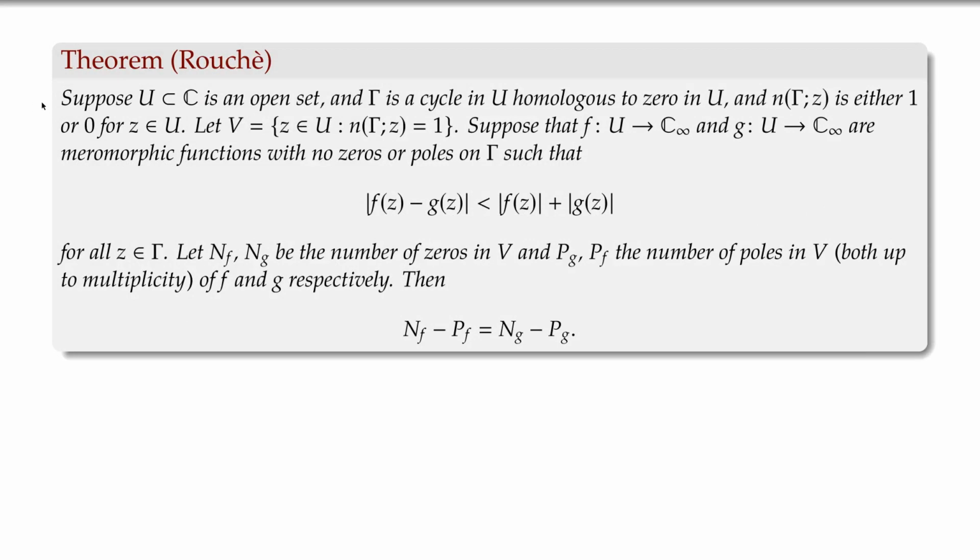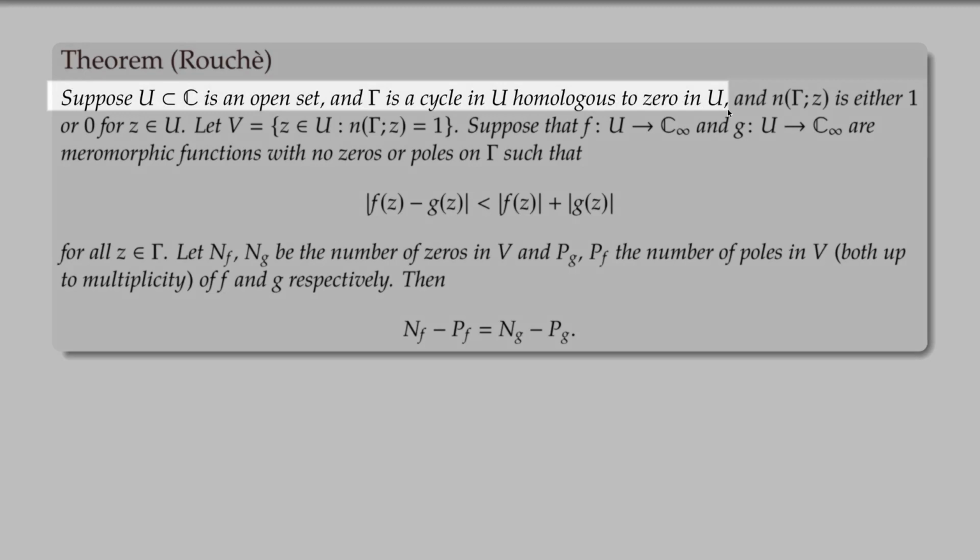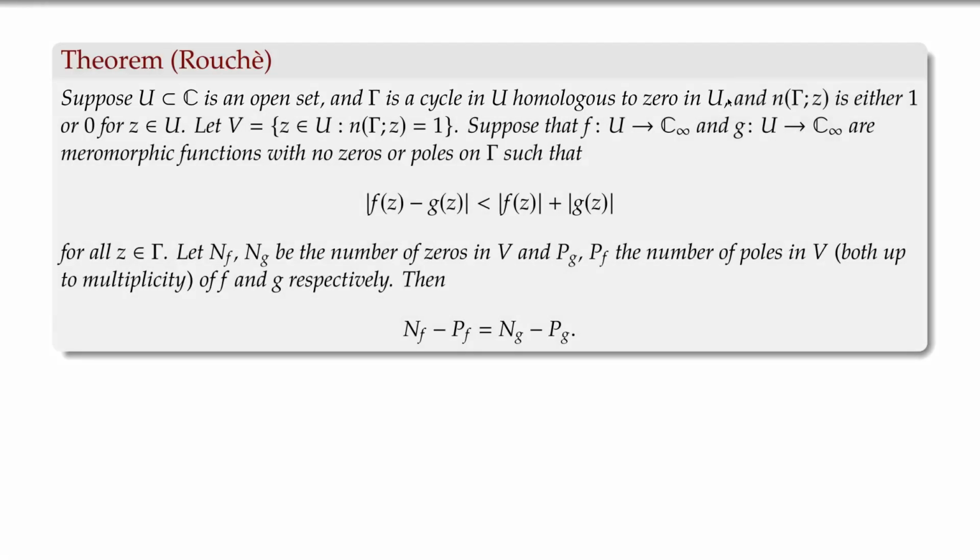Suppose that we have, almost as usual now, an open set U, and we have a cycle gamma in U that is homologous to 0 in U. So again, it doesn't go around anything that's not in U. So it doesn't go around anything in the complement of U. Now, let's suppose, as we talked about last time, that gamma really doesn't go around any point more than once.